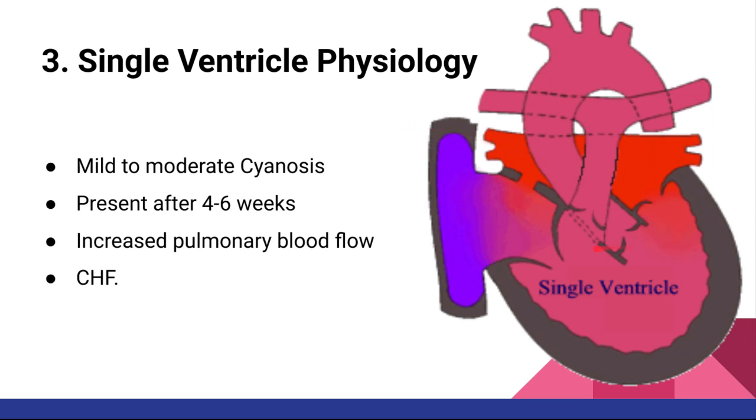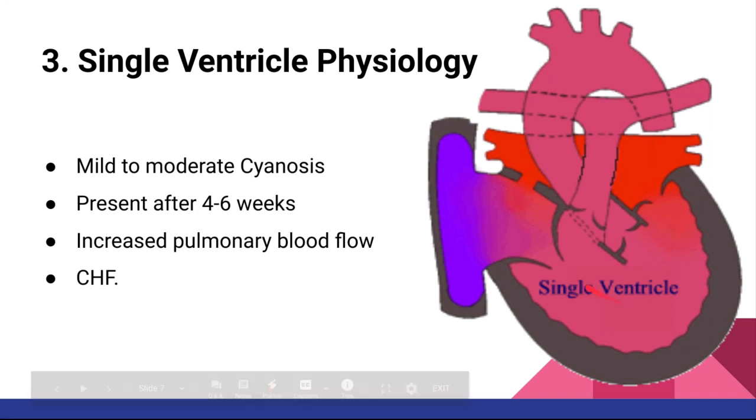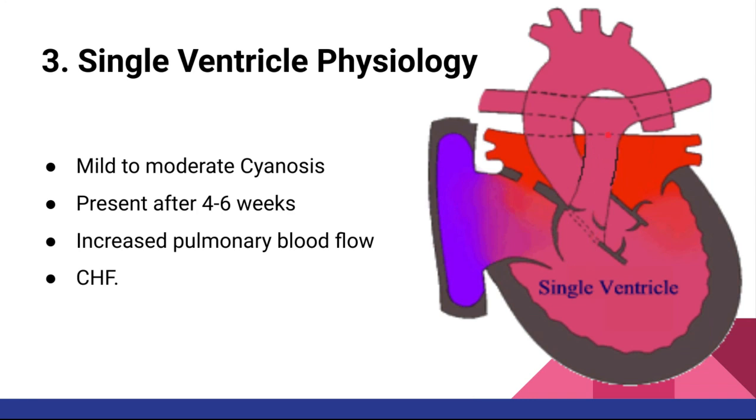Here deoxygenated and oxygenated blood mix well, so cyanosis will be mild to moderate, and present early after decrease in the pulmonary vascular resistance, after 4 to 6 weeks of life, and there will be increased pulmonary blood flow because pulmonary vascular resistance is low in comparison to systemic vascular resistance, so pulmonary flow will be more, and they will present with CHF.